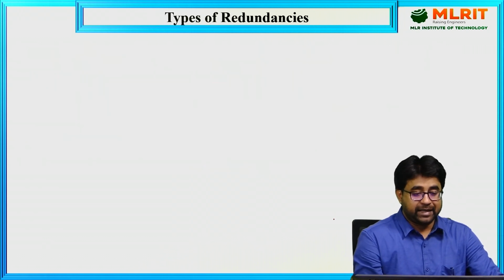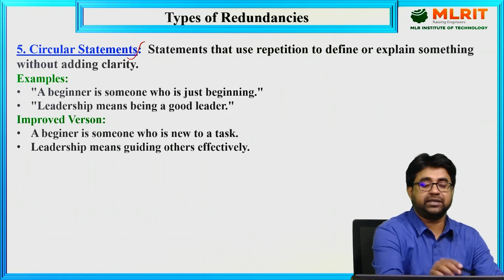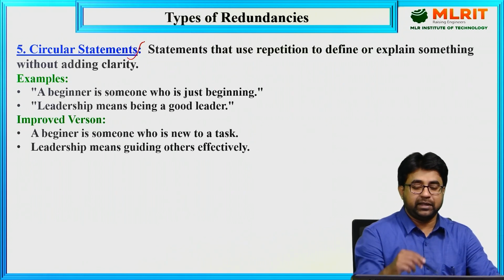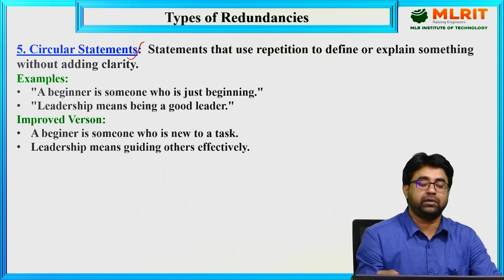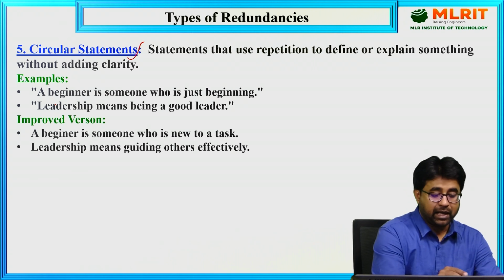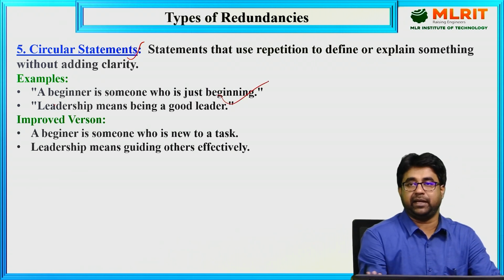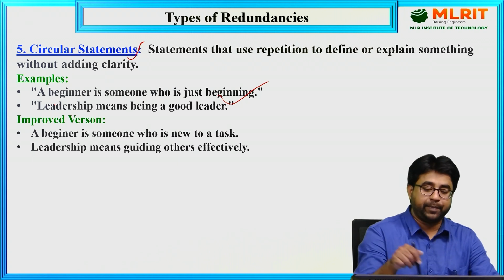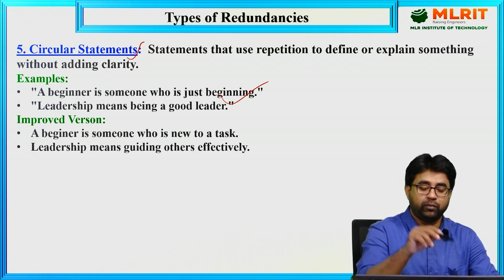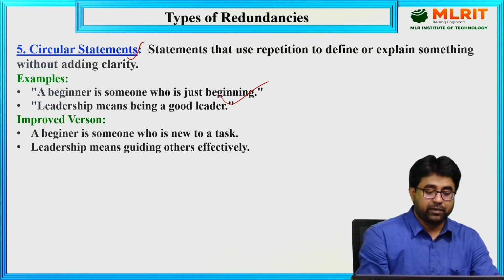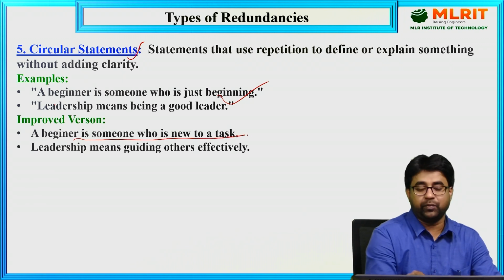Fine. Next one, circular statement. Sometimes we issue a statement which is circular in nature. How? You can see here. A beginner is someone who is just beginning. Circular statement. It looks the same. We are coming back to the same point, right? We are moving in a circle. So instead of that, you have to say a beginner is someone who is new to a task.